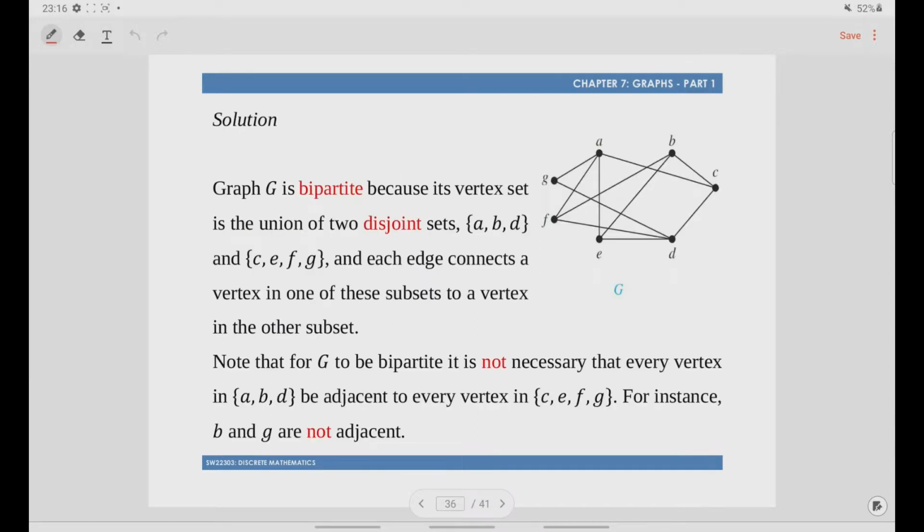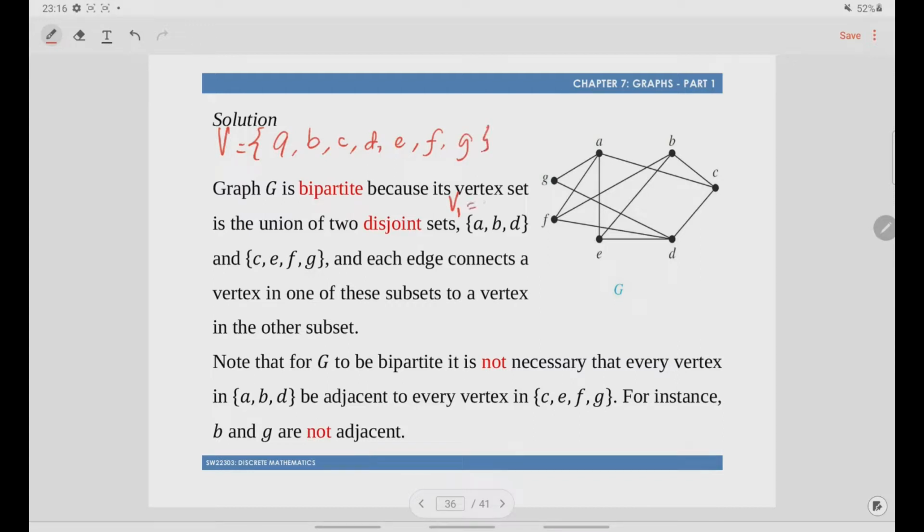Okay, so this is the solution. The graph G is bipartite because its vertex set is the union of 2 disjoint sets. Originally we have V, the original set of vertices, A, B, C, D, E, F, and G. And then it is divided into 2 disjoint sets.